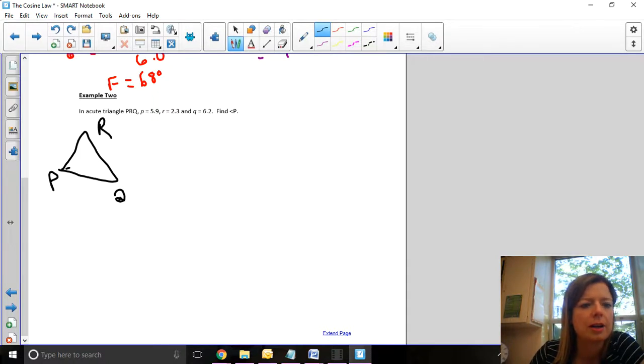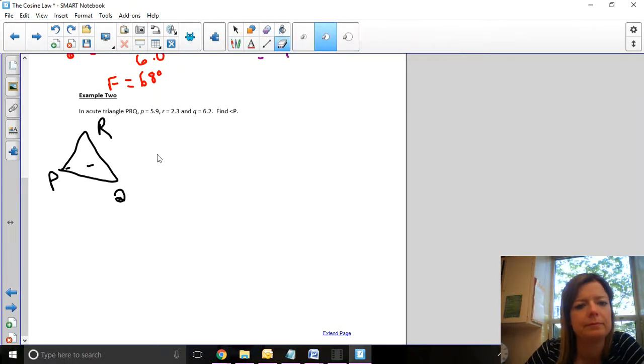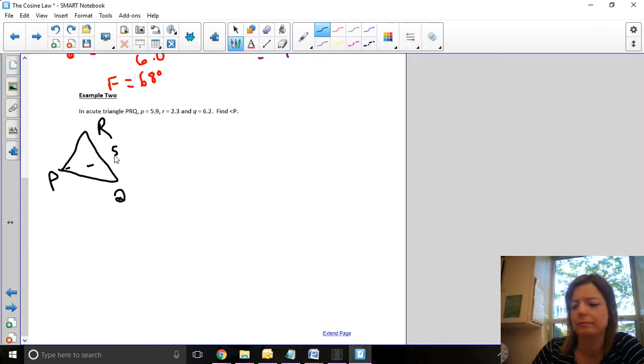So across from P is 5.9, and across from R is 2.3. Okay, and across from Q is 6.2.